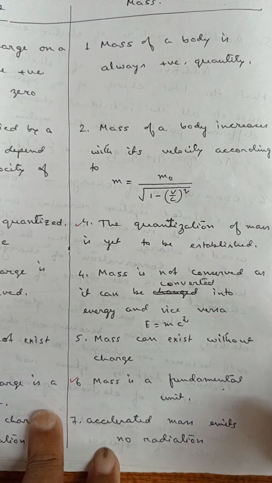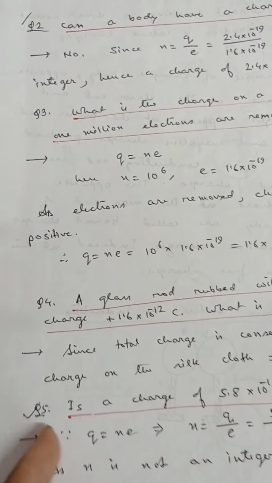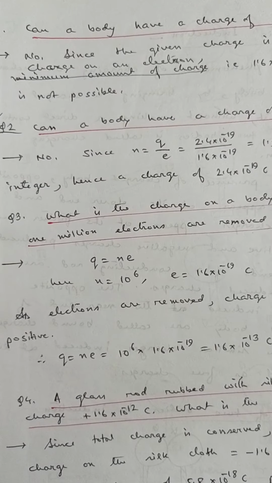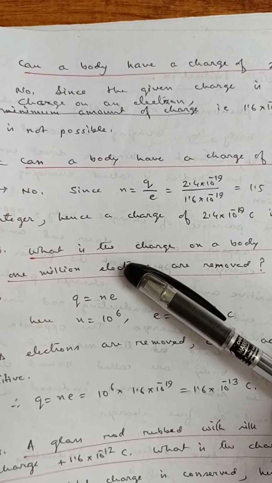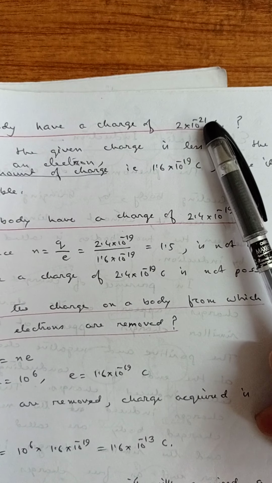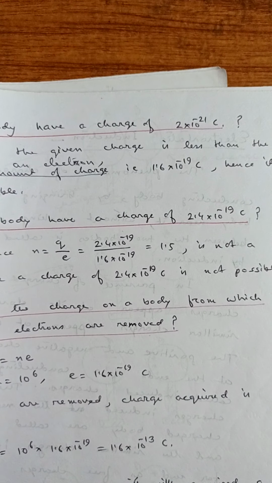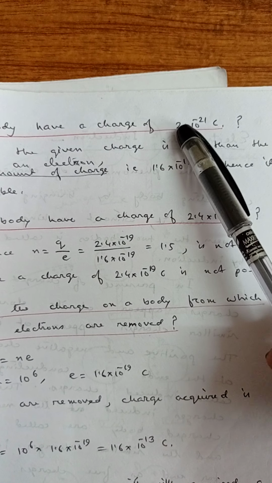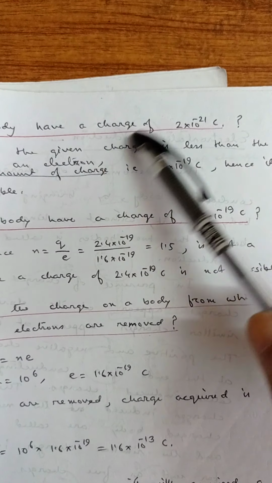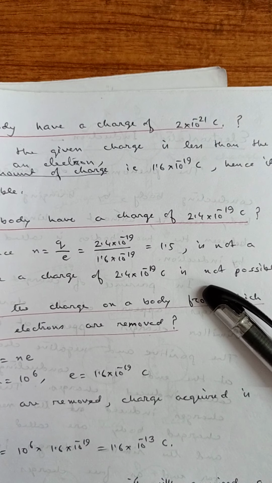I want to discuss one question. The question is given here. Can a body have a charge of 2 into 10 to the power minus 21 coulomb?